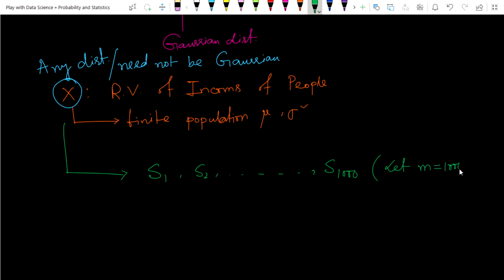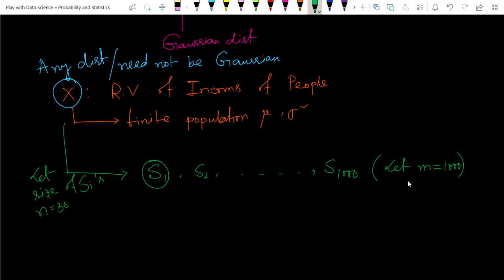We have collected 1000 such samples from this random variable, the incomes of people, and each sample has size n equal to 30.